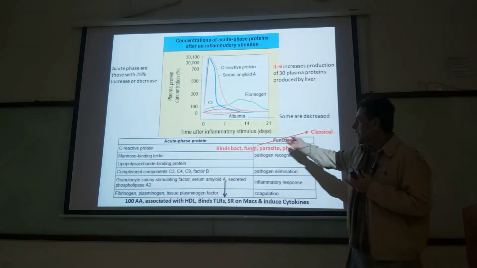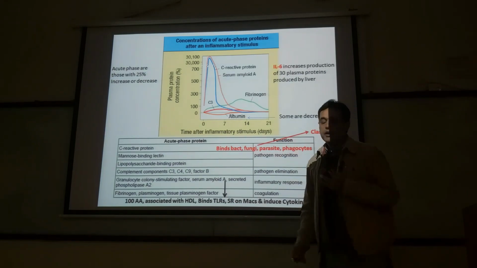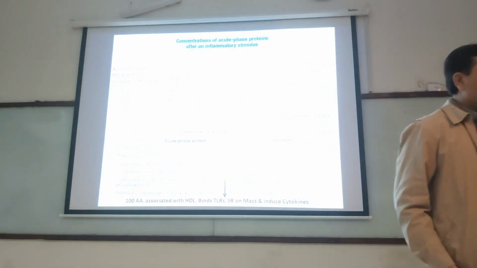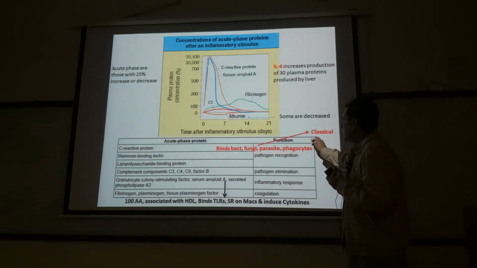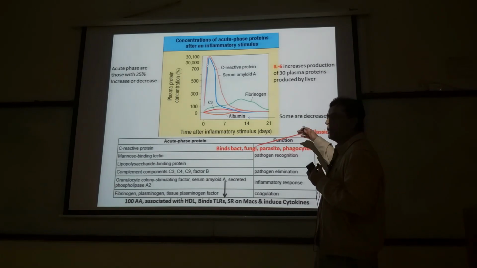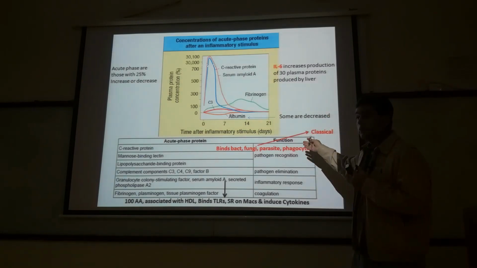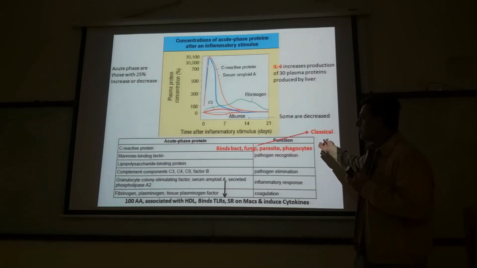For instance, the C-reactive protein, you already have studied it, can trigger the classical complement pathway, and finally that pathway would also lead to the clearance of the microbe or killing of the microbe. Okay?